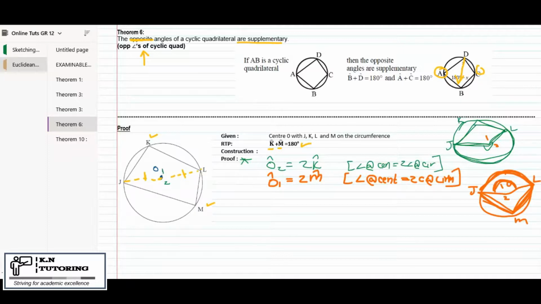Okay. Now, moving on, we're gonna say, is that blue? I don't like blue. So we're gonna add the 2.